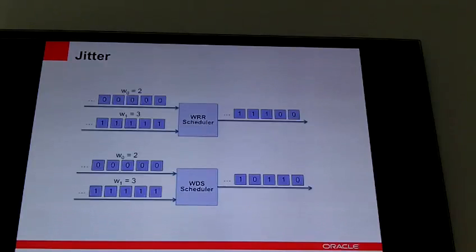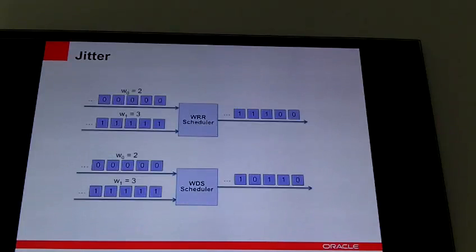So I'm showing here a scheduler that is scheduling packets from two flows. One of the flows has weight 2 and the other flow has weight 3. So what the scheduler is going to do, every 5 slots it will output 2 flits from flow 0 and 3 flits from flow 1.